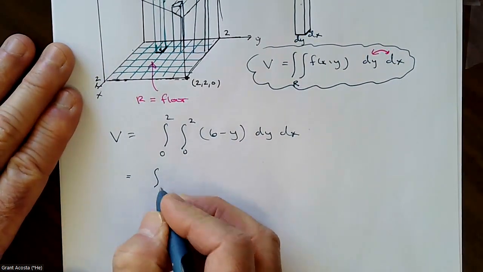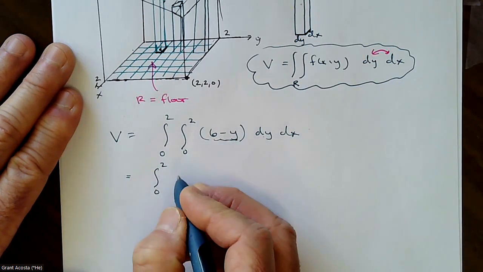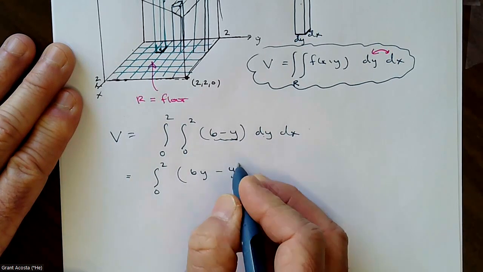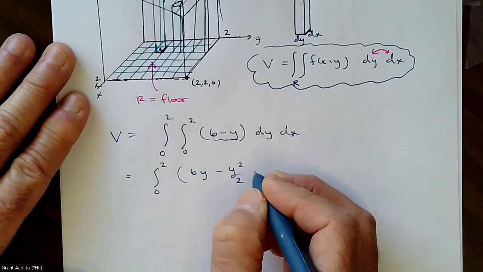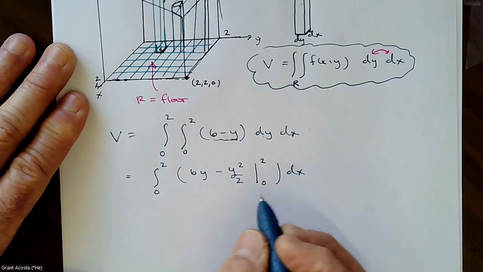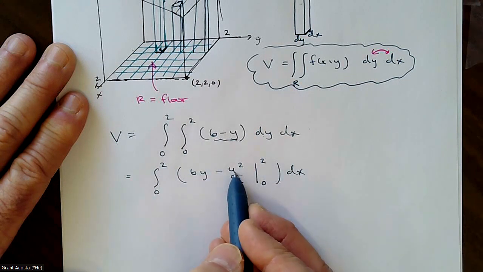So to calculate this, I'll find my antiderivative of this with respect to y, which is 6y minus y squared over 2, evaluated from 2 to 0. If I plug in 2, that's going to give me 12 minus 2, so 10.